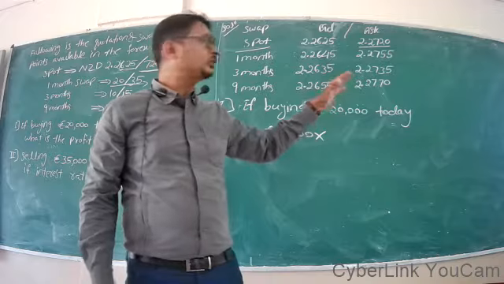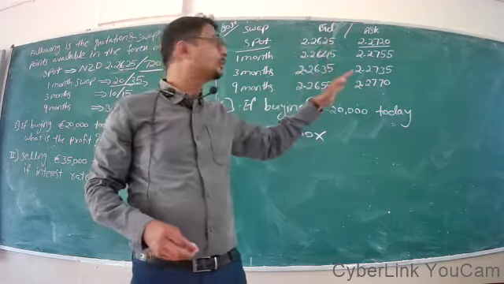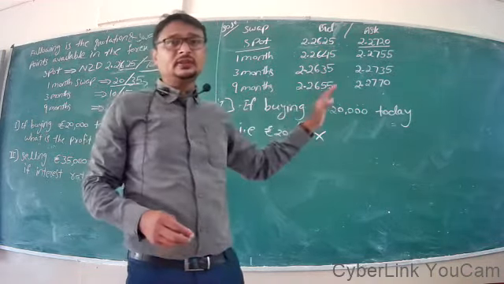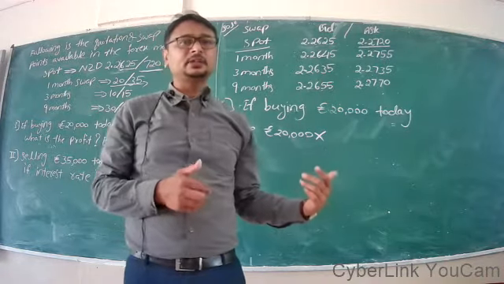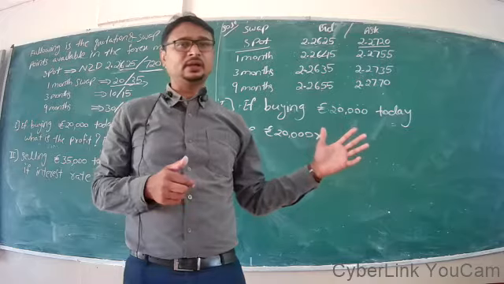So the selling price of the market is considered the ask price and the buying price of the market is the bid price. If you are the seller, the market becomes the buyer and the bid price is applicable.